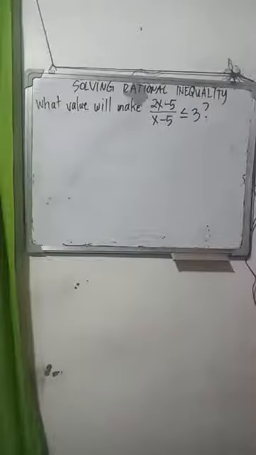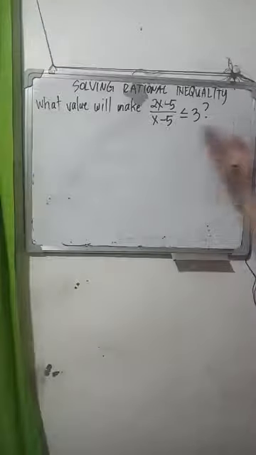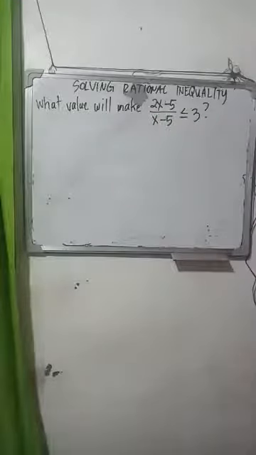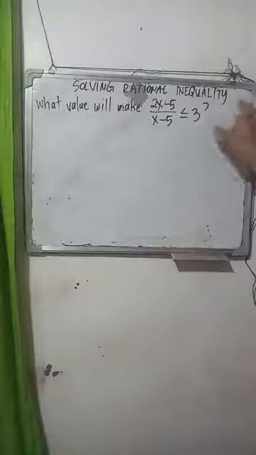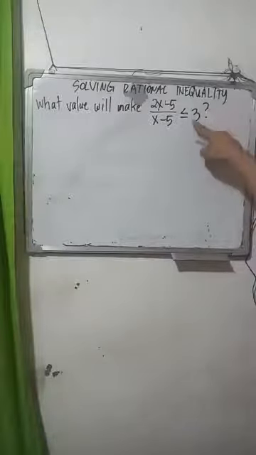Maraming rules in solving rational inequality. So first rule, dapat right side of this inequality that is equivalent to 0. So dapat dito 0 ito.